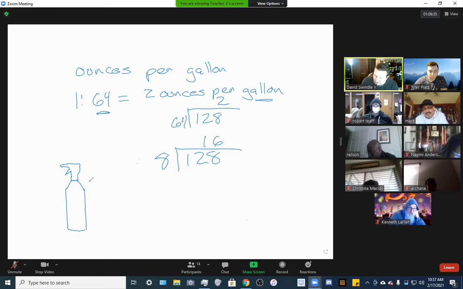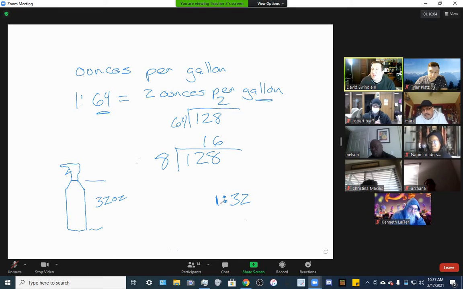But a spray bottle has a very fixed amount of liquid that we can put in there, a volume. Usually it's anywhere from 24 to 32 ounces. So for the sake of our measuring, it's 32 ounces. Now, what if the dilution ratio we were using was a 1 to 32 dilution?